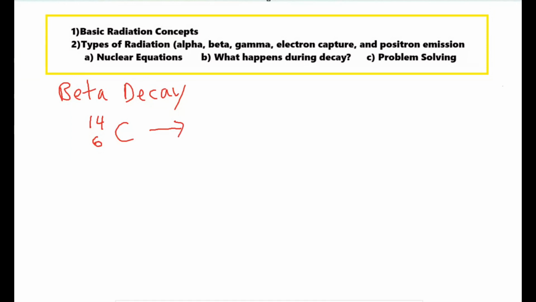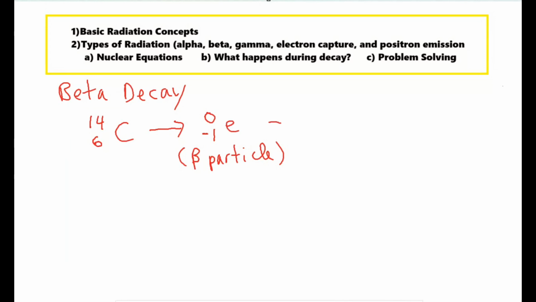But for this one, when it ejects a beta particle, that is an electron. And the electron has 0 mass and a -1 value for the number of protons because it's basically emitting an electron from a neutron and then turning it into a proton. So this little electron here is known as our beta particle when we're talking about beta decay.